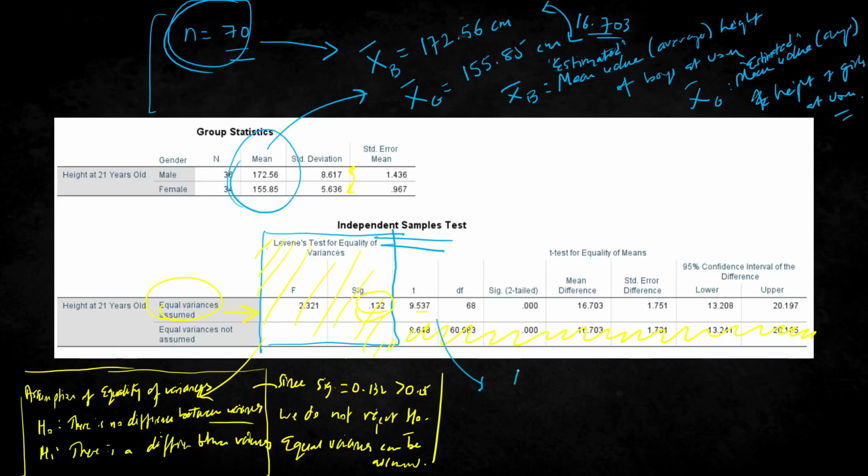And here we are. So you can write the degrees of freedom, and a t-value of 9.537, which is quite large. Significance value, p-value, 0.000, less than 0.05. I think that's straightforward. What do we do? Therefore, we reject H naught. We have much evidence against H naught.